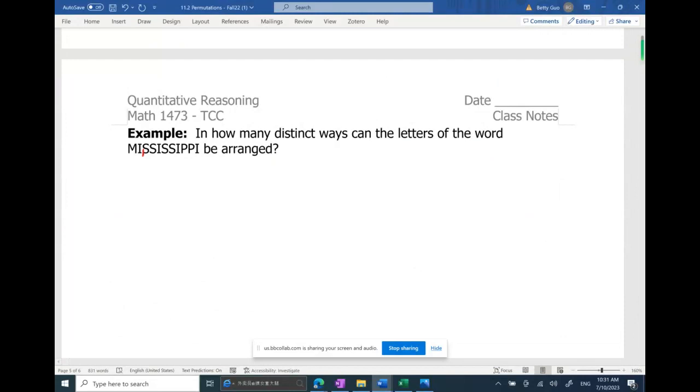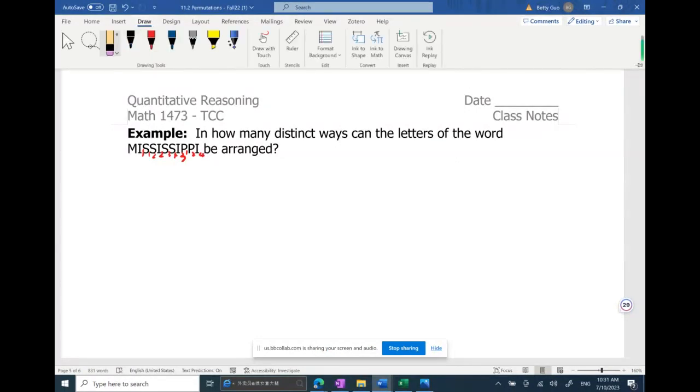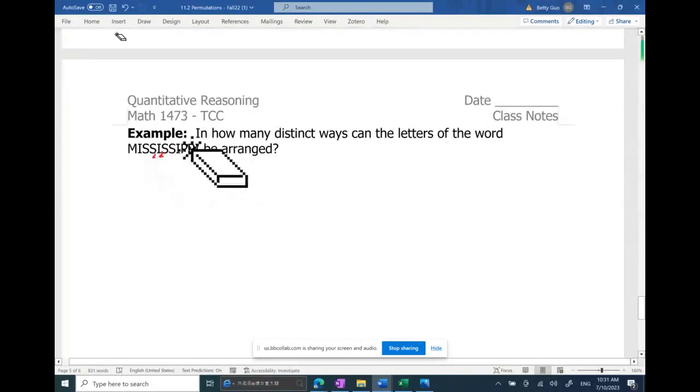You can see this as I sub 1, I sub 2, I sub 3, I sub 4. And we have 2 P's, you can see this as P sub 1 and P sub 2. I'm saying assume, just pretending no letters are repeating in this word. Then how many distinct ways can the letters of the word be arranged?